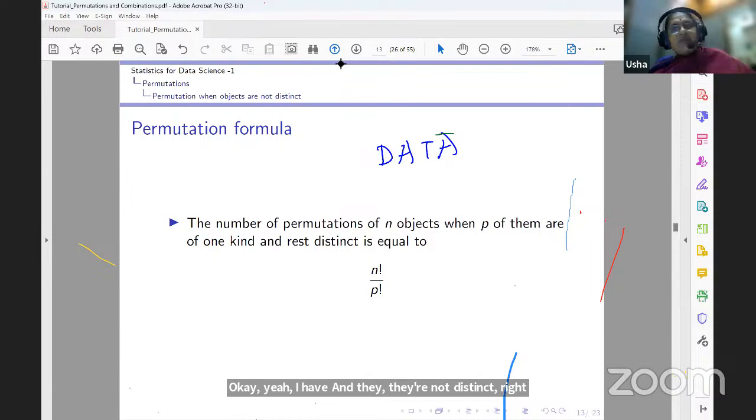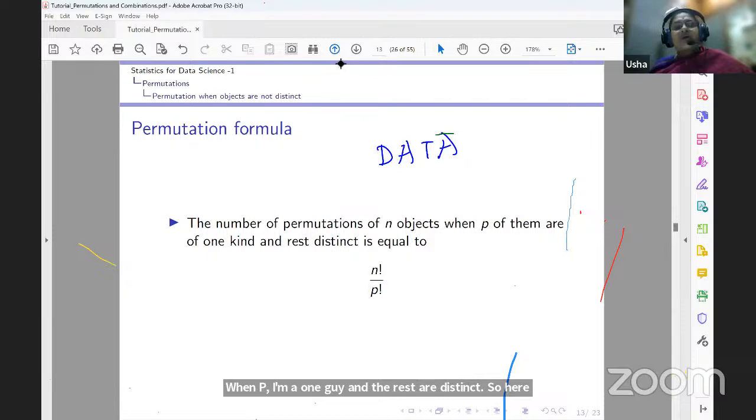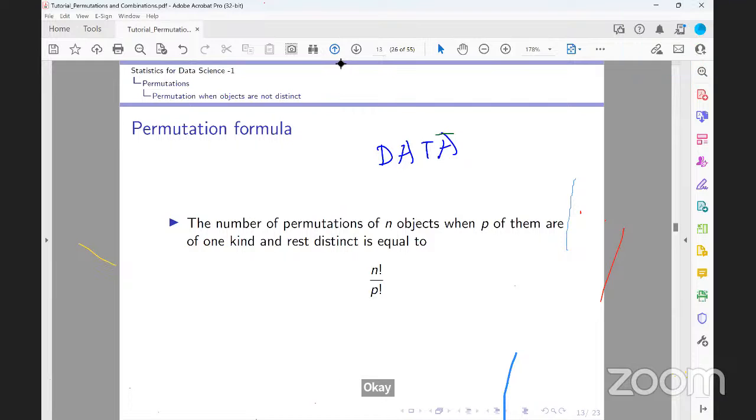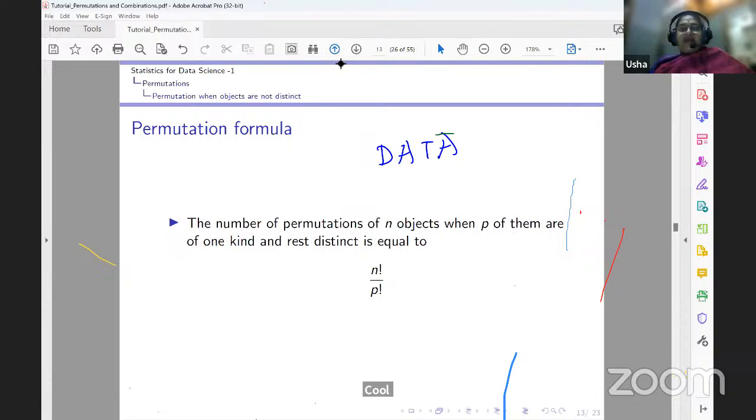So here 2 of them are of one kind and the rest are distinct. How many ways can I arrange this? 4 factorial by 2 factorial. So now if I give you this, you're able to answer the question correctly.